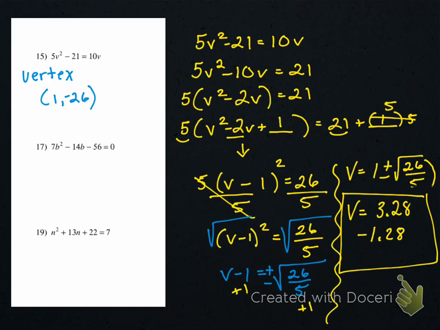And so when I'm graphing this, I am aware now that my x-intercepts of this graph would be, let's go smallest to largest, negative 1.28, and the other one would have been 3.28. That's where they'd be hitting the x-axis. And remember, our vertex was at 1, negative 26.